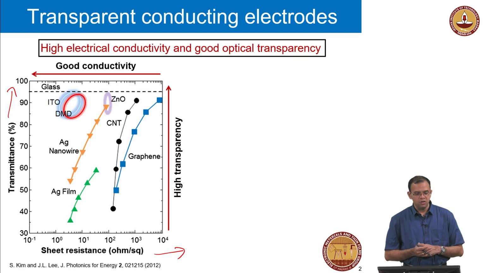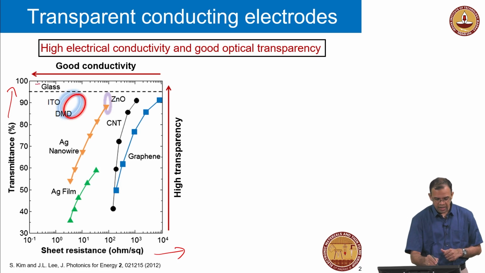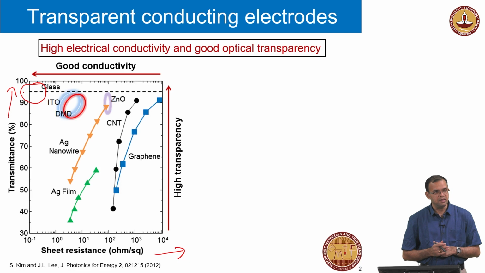If I want a material that has good electrical conductivity and good optical transparency, ideally I should be in the top left corner of this plot. So top left corner essentially means my sheet resistance is very low. At the same time my transmittance is also very high.